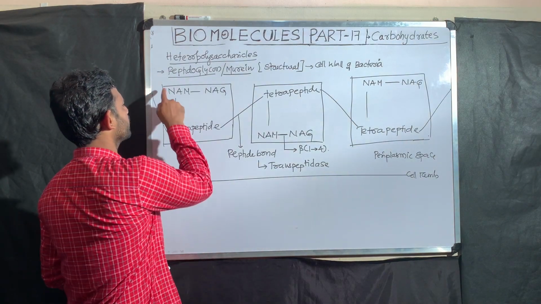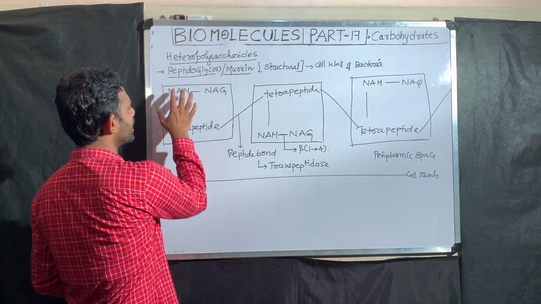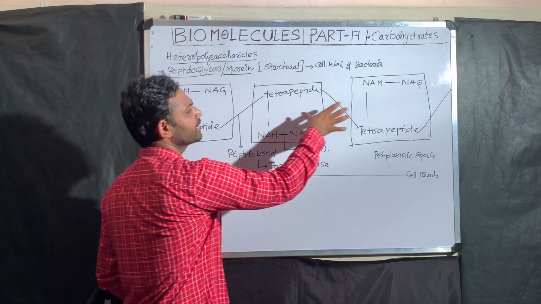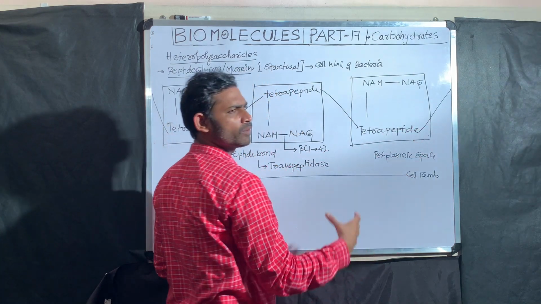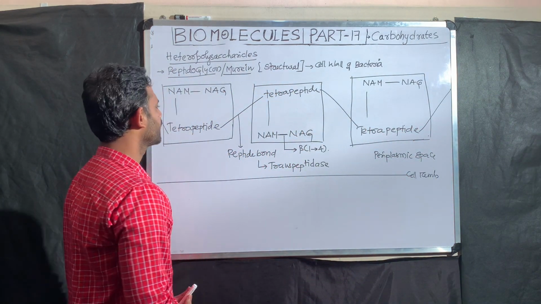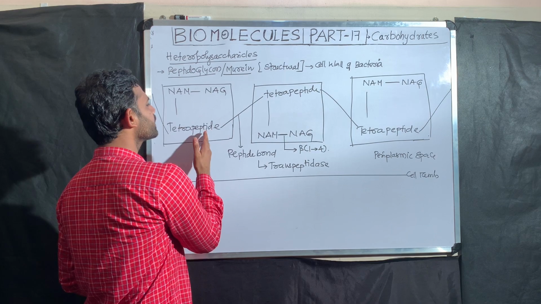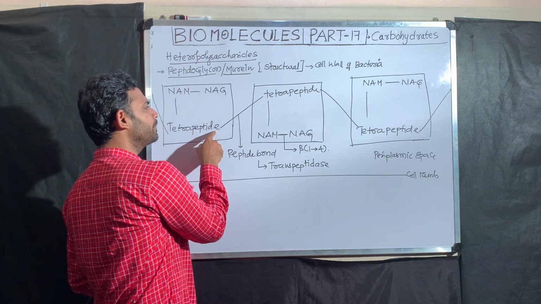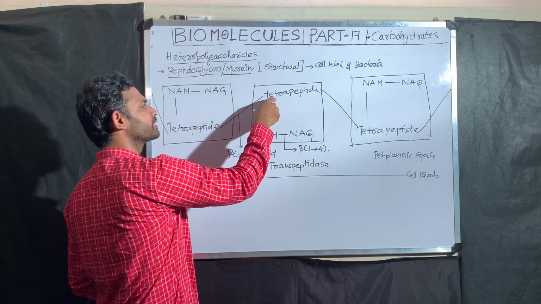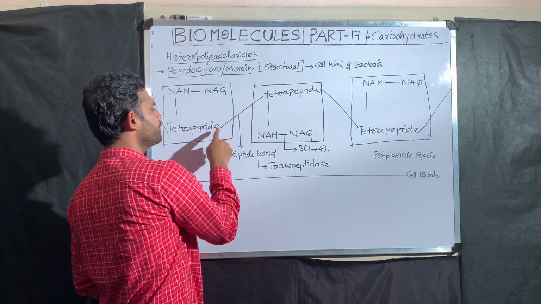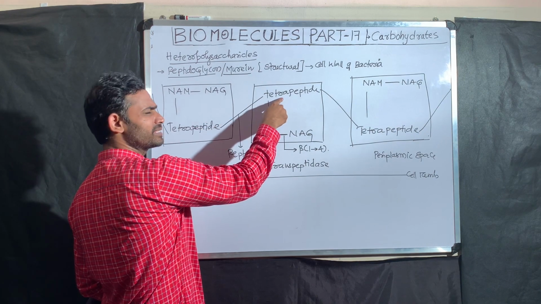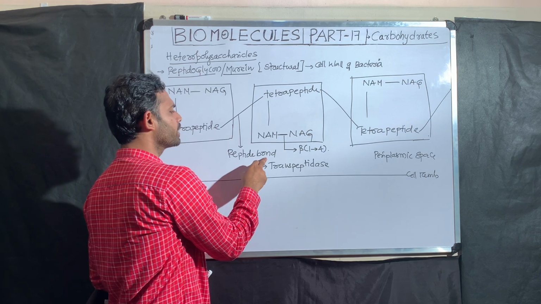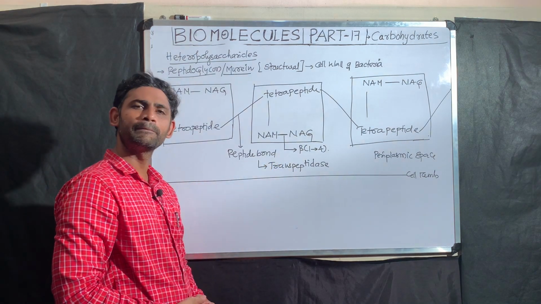These two together are called the repeating unit of peptidoglycan. This is one brick, this is another, and like that you can arrange them one by one, side by side. After making this repeating unit, it should link with the next one. See here, one amino acid goes and associates with one amino acid of the next unit, meaning this brick is linked with this subunit through a peptide bond. This peptide bond formation is mediated by the enzyme transpeptidase.